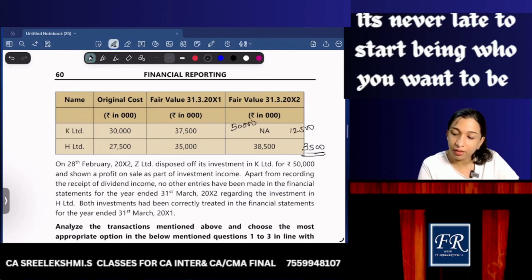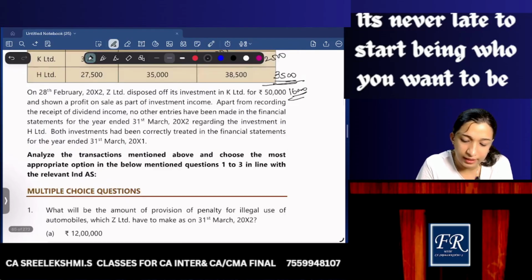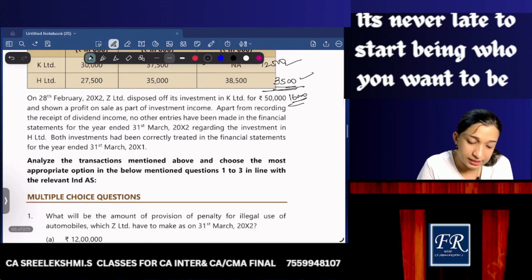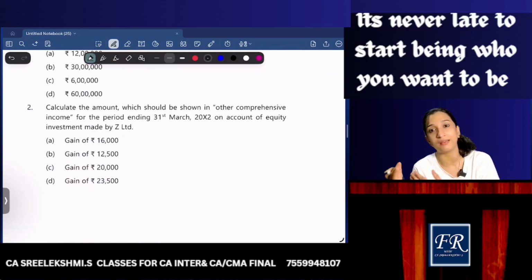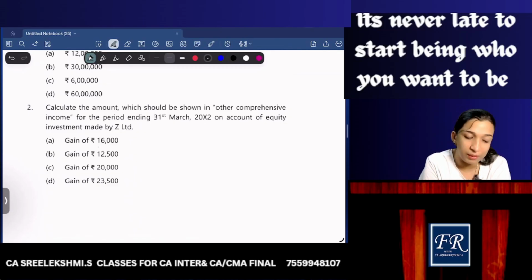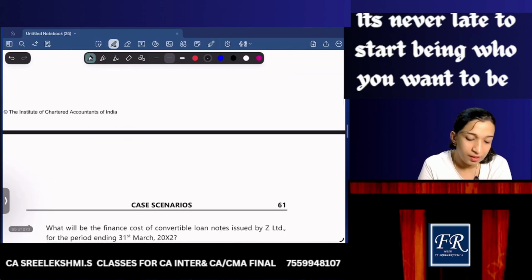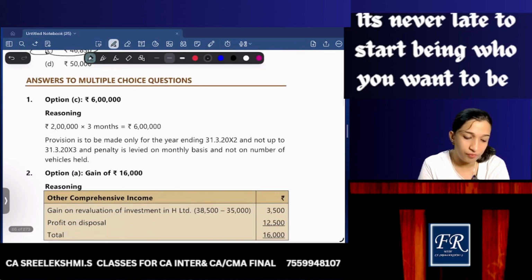Total gain of 16,000 would be shown in OCI for the current year. So for the year ending, 3,500 and 12,500, 16,000. This 12,500 will be later reclassified to retained earnings. But for the period, how much amount will be shown in OCI? 16,000.